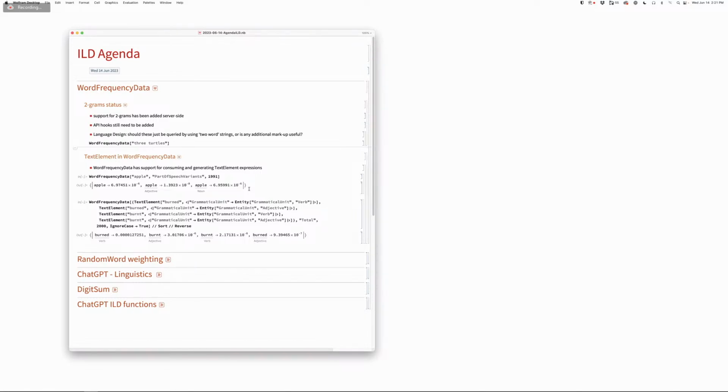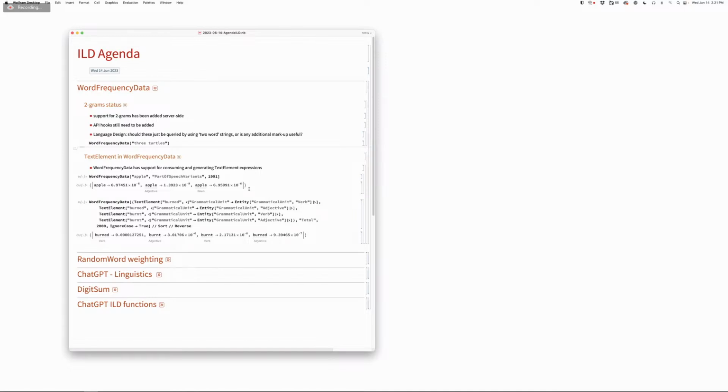Okay, the question here is we have entities for word senses, correct? We don't have entities for part of speech variants. Is that correct? I believe for part of speech we have the entity grammatical unit.